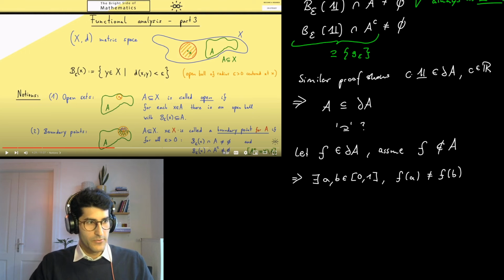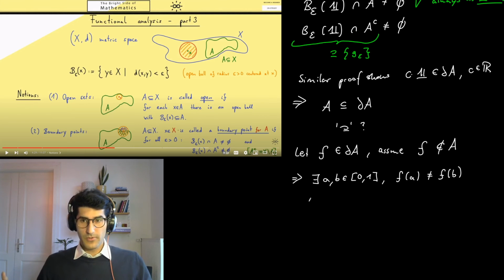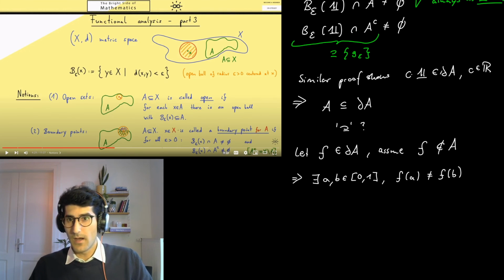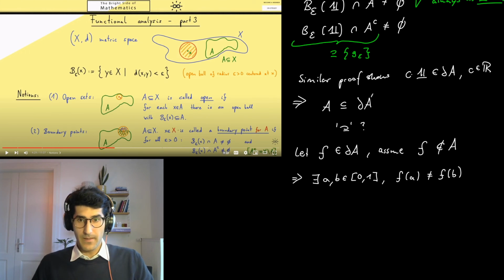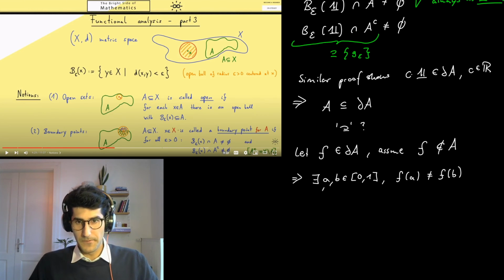So what can we do now with this function? Well, we now want to compare the distance to each and every element in our set A, because we want to use the property of being a boundary point.